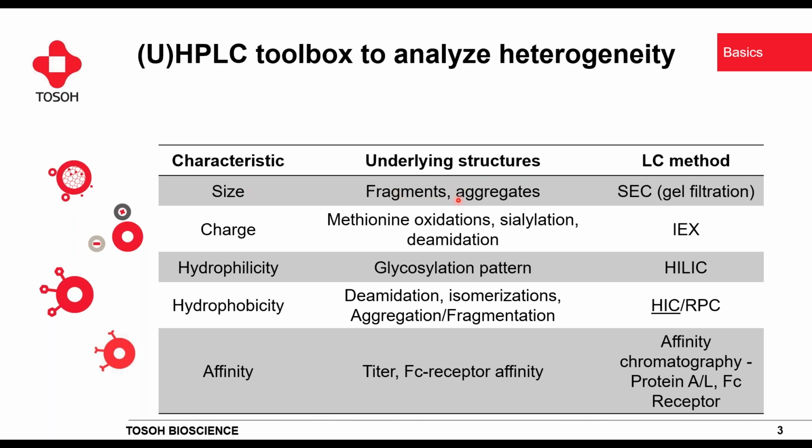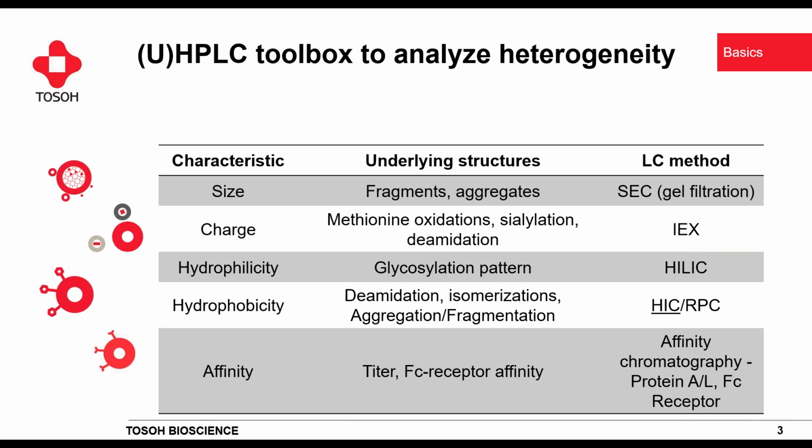This you do with size exclusion chromatography, also called SEC or gel filtration. Then it could also be that you have different molecules with different charges in your sample. This could be caused, for example, by methionine oxidation, sialylation, or deamidation. In this case, you use ion exchange chromatography, also shortly called IEX.